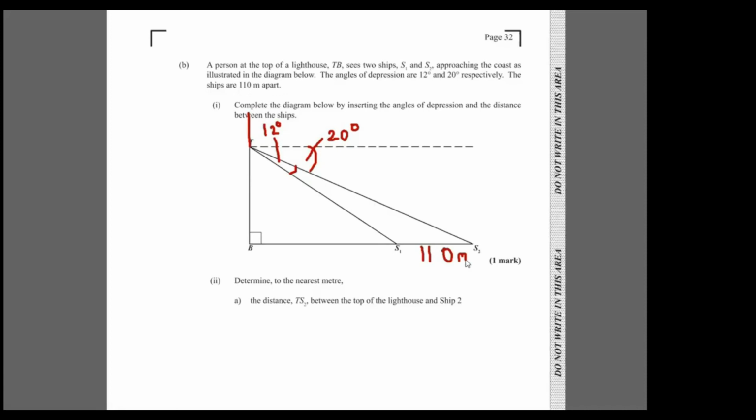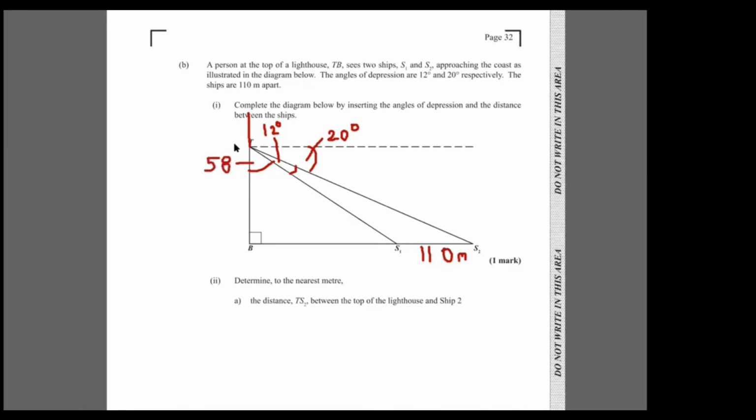So now let's work out what we need to do. Determine, to the nearest meter, the distance TS2. So they want to find the length of this line TS2 between the top of the lighthouse and ship 2. Of course, we're going to do some trigonometry. If this angle is 12 and this angle is 20, then this angle right here is 90 minus 32, which is 58.